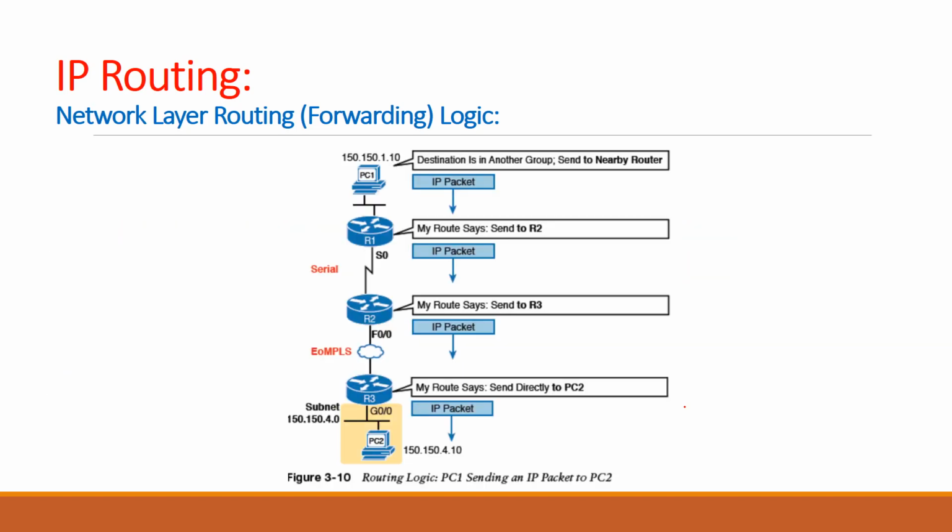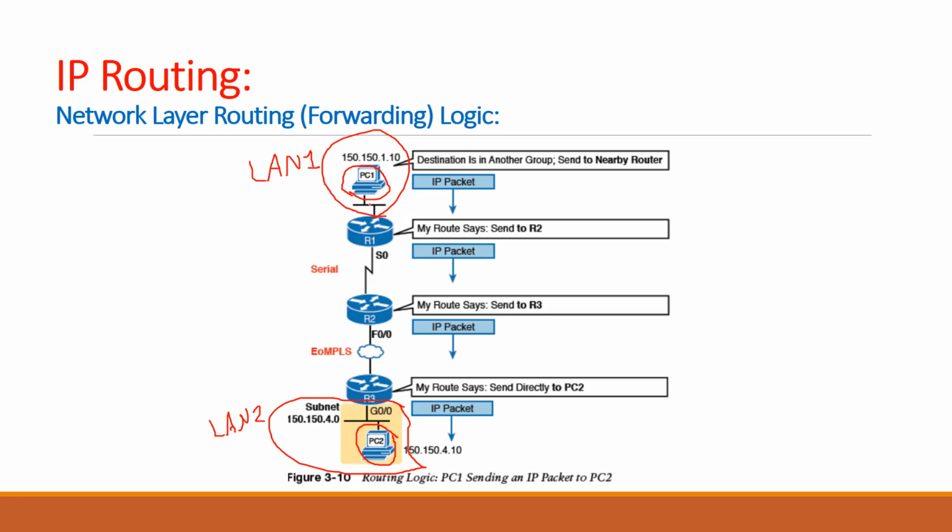Let's give an example where PC1 needs to communicate with PC2, where PC1 is on LAN 1 and PC2 is on LAN 2.